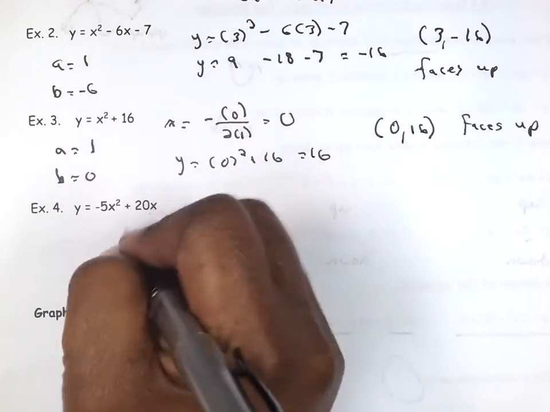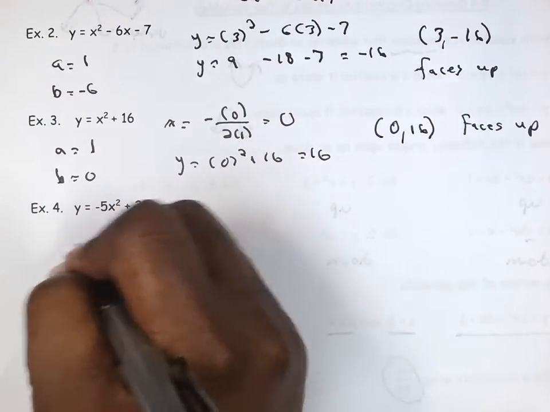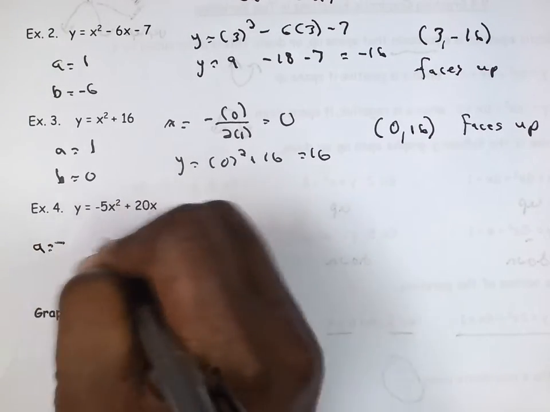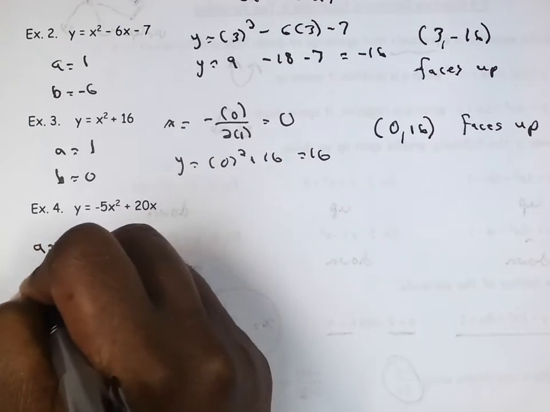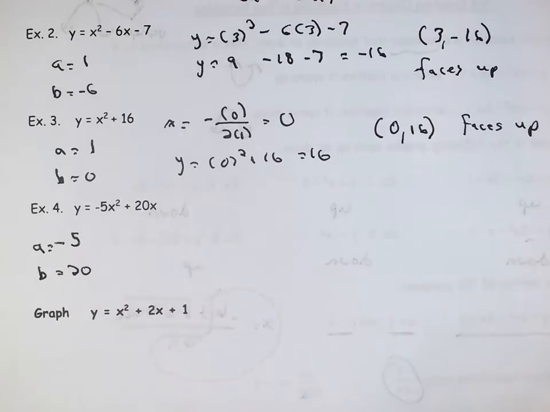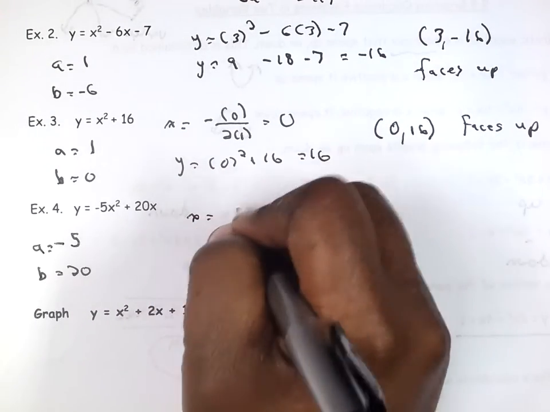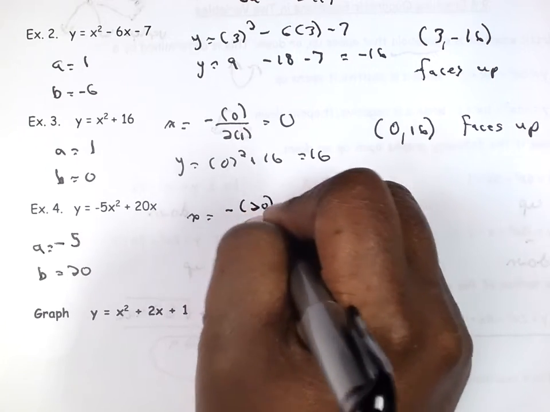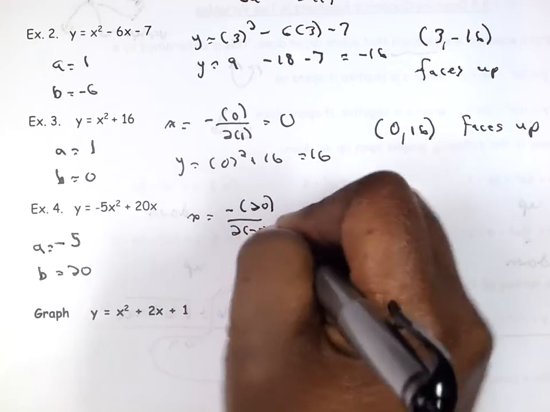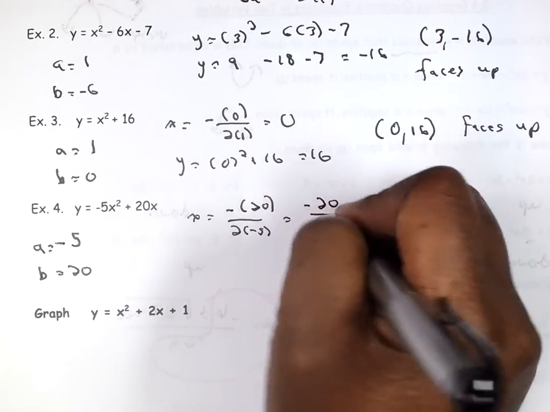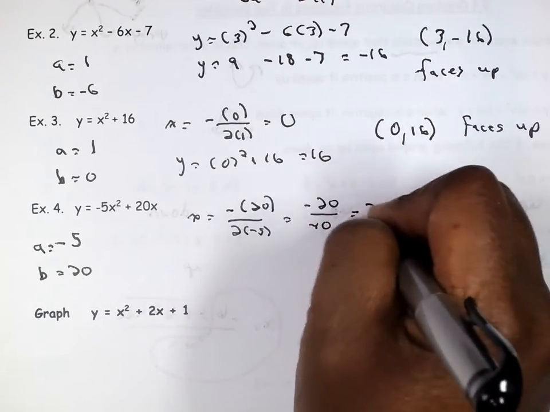Number 4, a is equal to negative 5, b is equal to 20. So we get opposite of 20 over 2 times negative 5. So I get negative 20 over negative 10, which is 2.